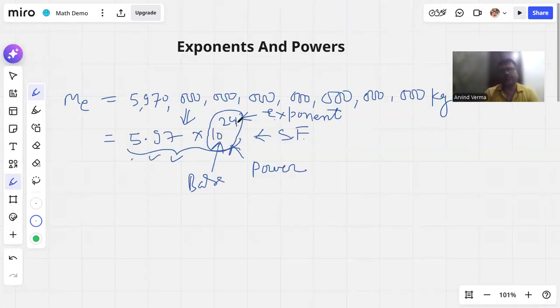Now in 10 raised to the power 24, in this expression, 24 is exponent, 10 is base, and the whole expression 10 raised to the power 24 is known as power.